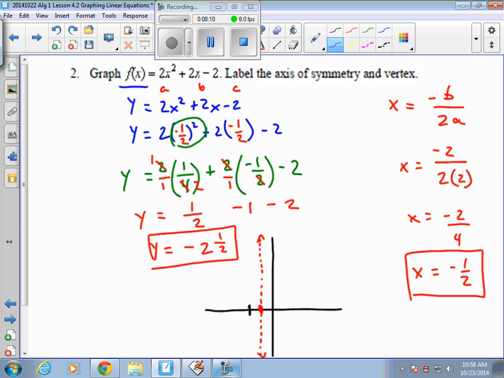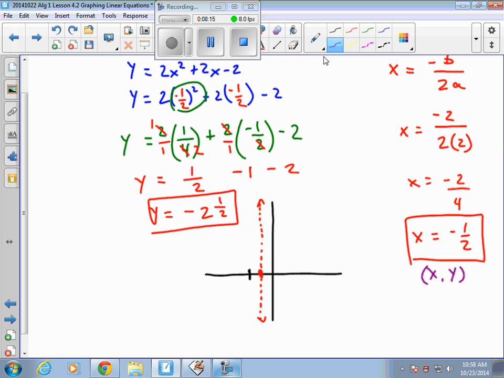Your vertex is, remember, x comma y. We found out what x was earlier, negative 1/2, and y is negative 2.5. There's our vertex. So when we label that, we go down 1, 2, let's go down to 3 to where we can identify 2.5 as our vertex.